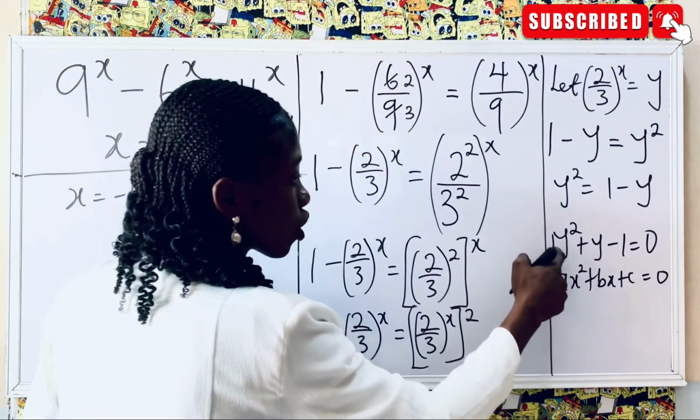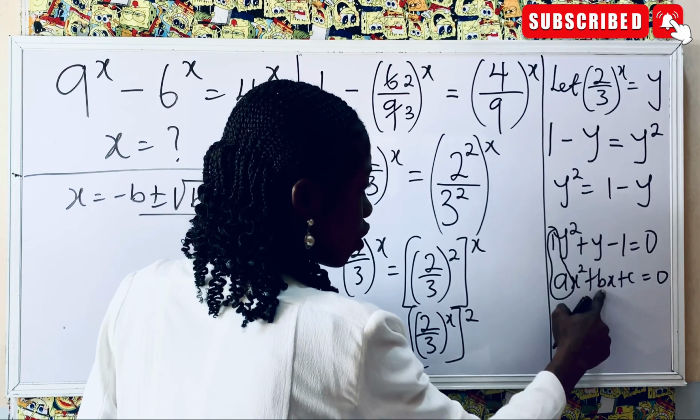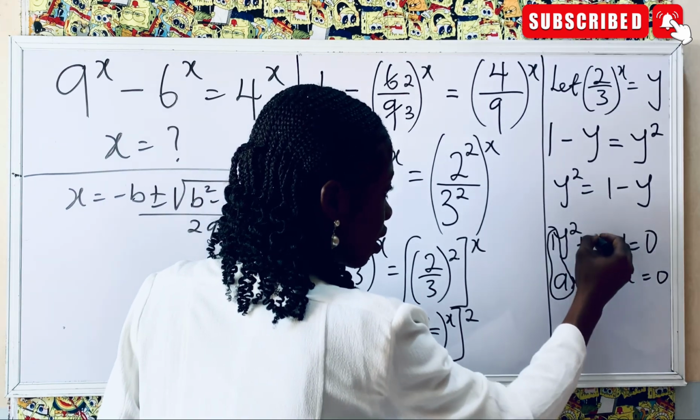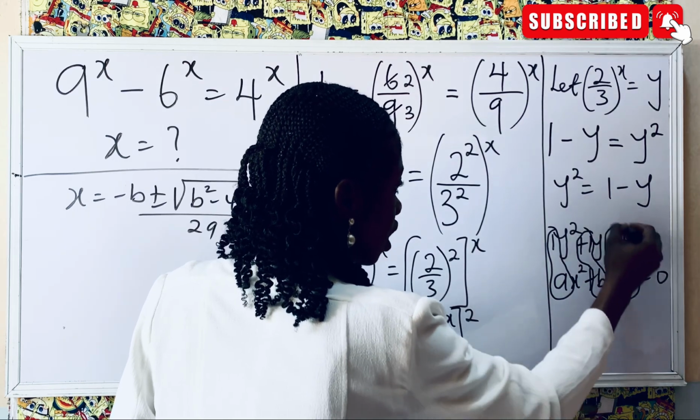You see your a is the coefficient of your y squared, which is 1. I hope you can see. Your b here is the coefficient of y, which is also 1. And your c is negative 1.